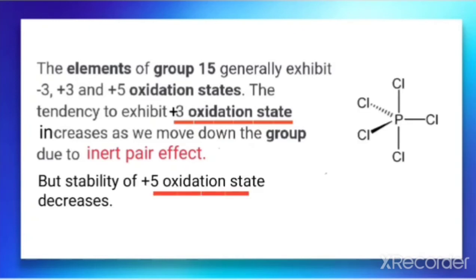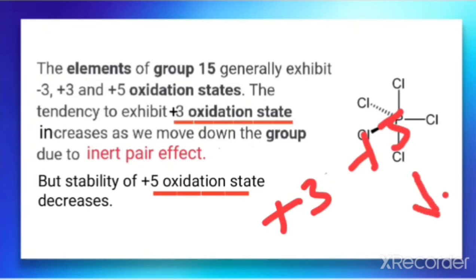When we compare with the +5 oxidation state, we can say that the stability of the +5 oxidation state decreases down the group. So, when we compare the oxidation states +3 and +5, from top to bottom the stability of +5 decreases, but the stability of +3 increases.